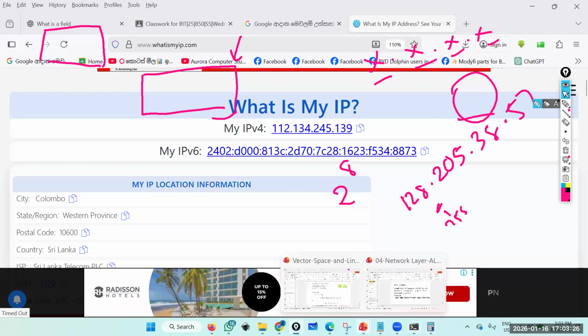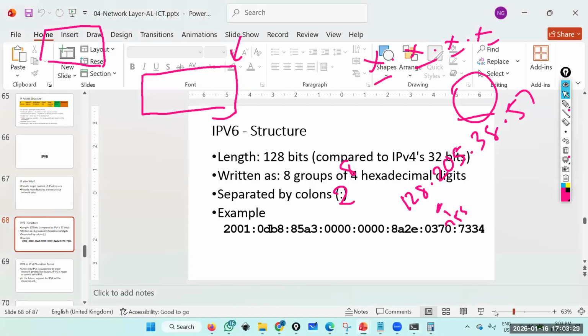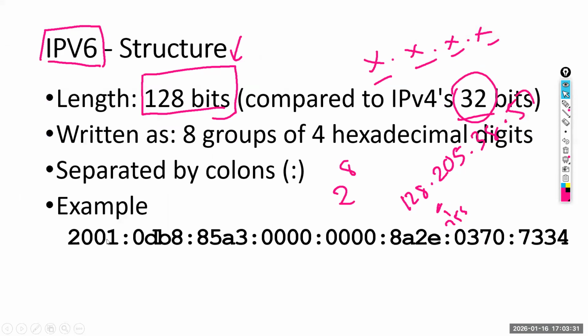So the first thing you need to understand is it has 8 parts. These are the important points for you to remember. It's 8 parts, not 4 parts. 1, 2, 3, 4, 5, 6, 7, 8, and separated not by a period or dot, but rather by a colon. Right now, I have mentioned two things. It's 8 parts, not 4 parts. It's separated by colon, not dot.